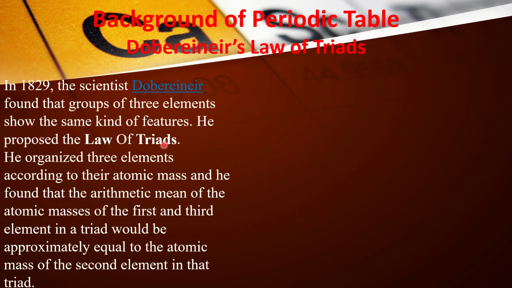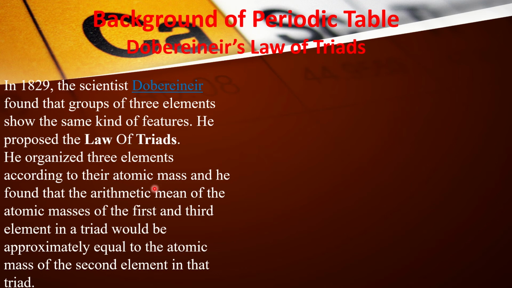Now, after that, in 1829, the scientist Dobereiner found that groups of three elements show the same kind of features. Groups of three elements. He proposed the law of triads. Here, he organized three elements according to their atomic mass.